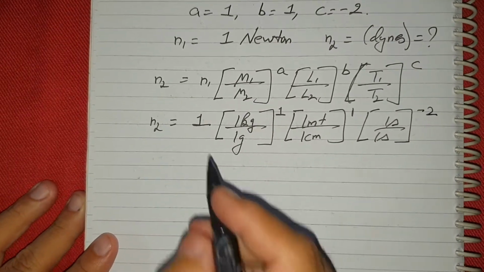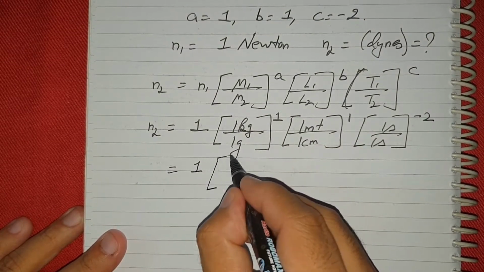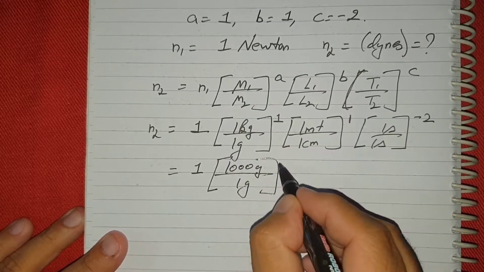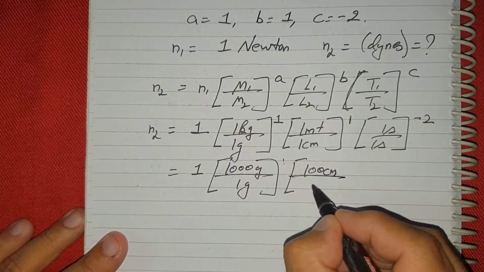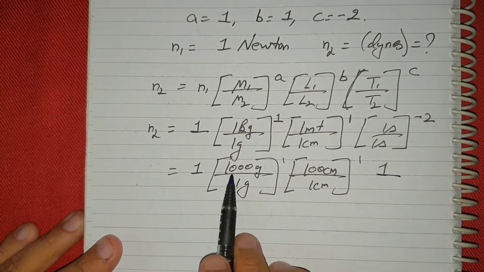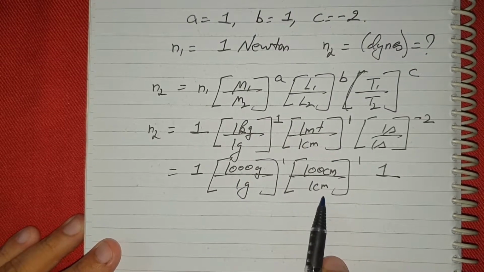Now, 1 kg is 1000 grams, over 1 gram to the power 1. 1 meter is 100 centimeters, over 1 centimeter to the power 1. The time ratio will be 1 only. So grams will get cancelled, centimeters will get cancelled.